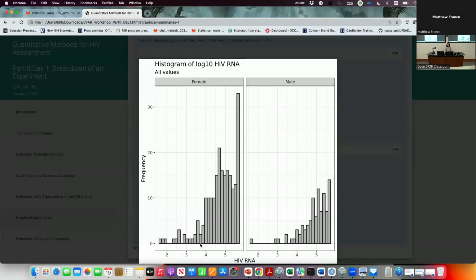At least for me, I am thinking that for the female, it has more people having extremely low HIV RNA readings versus male. The outliers toward the left are relatively much more frequent than for the male per se.